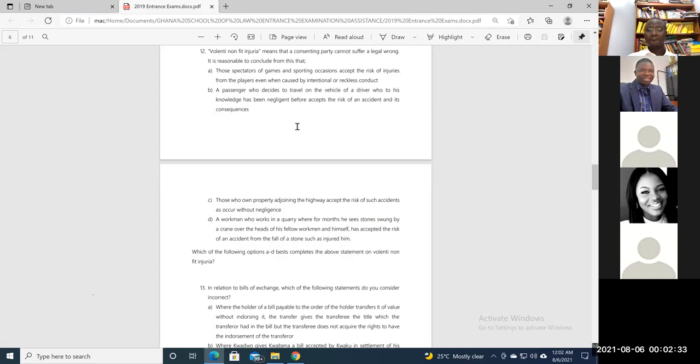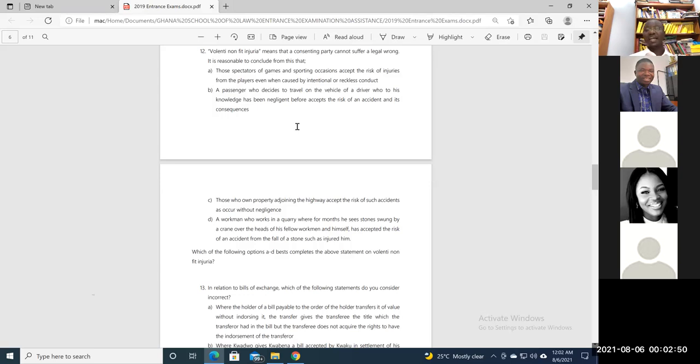But if there is no negligence, then the defense of voluntary assumption of risk does not come in, because that defense is relevant where the elements of negligence are made out.